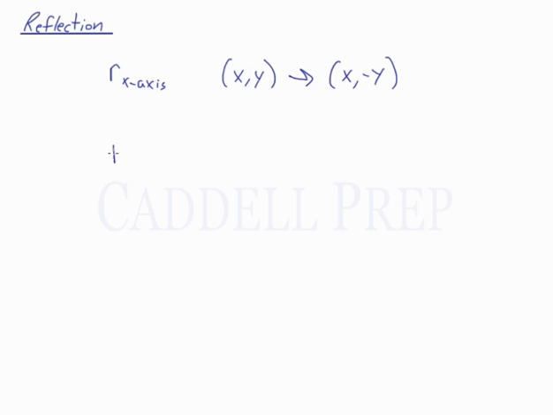And for reflecting over the y-axis, we get that x, y becomes negative x, y. So the x becomes negative and y stays the same. So if you reflect it over the x-axis, the x coordinate stays the same. If you reflect it over the y-axis, the y coordinate stays the same. The other coordinate becomes negative.